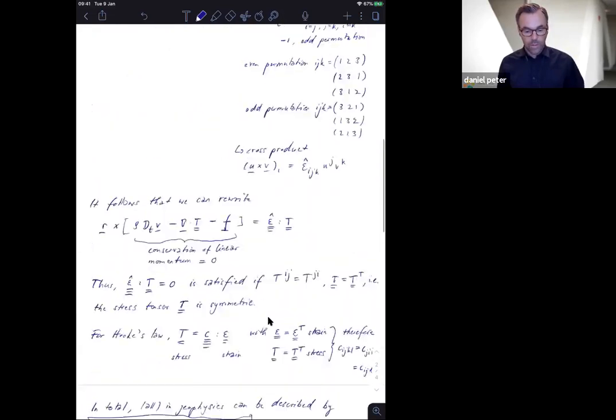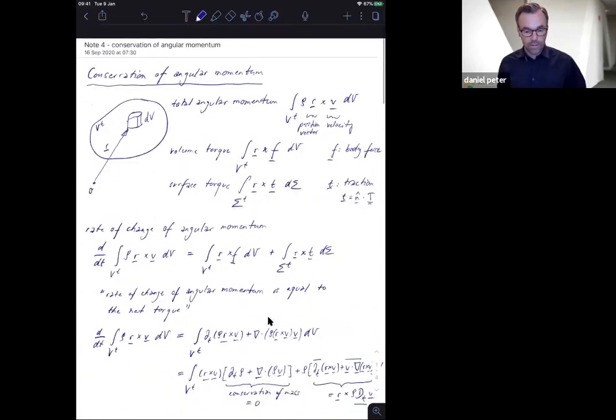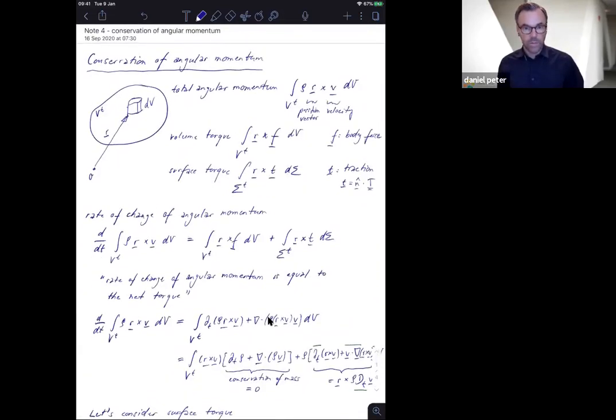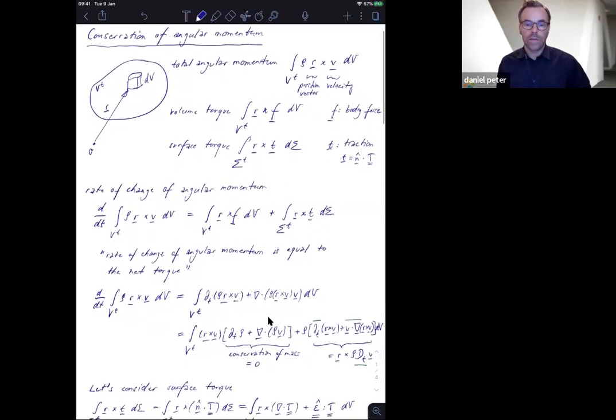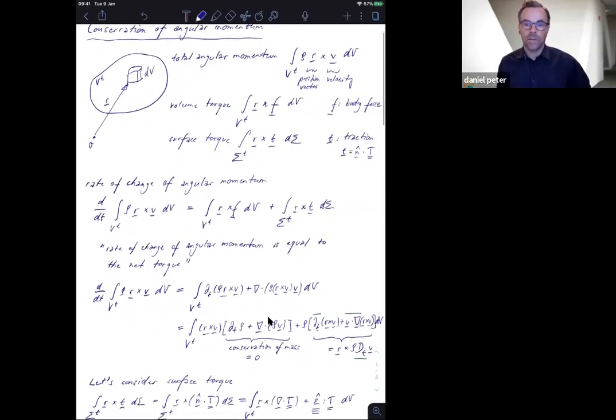So what we looked at today, conservation of angular momentum. And like with the previous conservation laws, started with basically defining how total angular momentum is defined. And its balance, basically, it's only allowed to change by net torque.